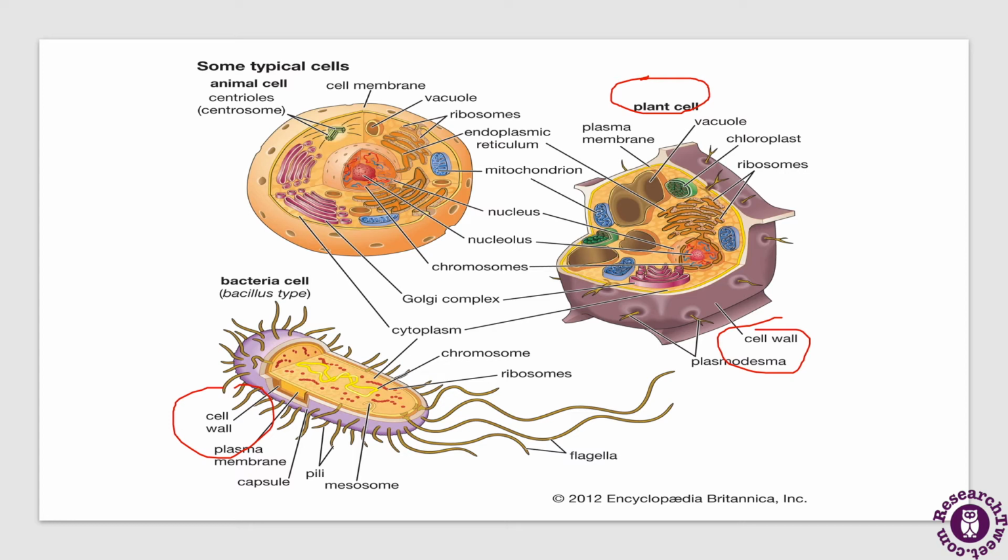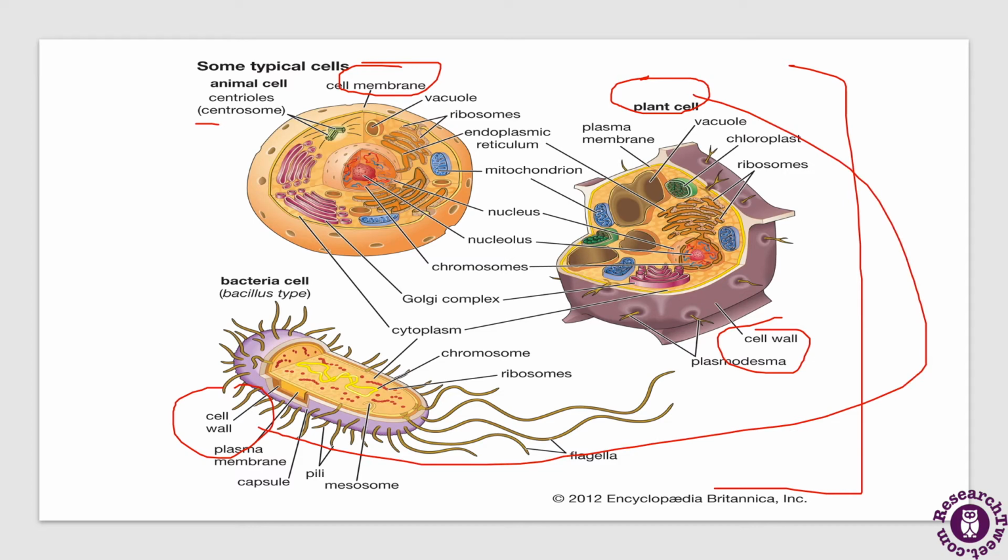This is an animal cell, or we can consider it a fungus also, in which the cell wall is not shown. The animal cells do not have a cell wall, which is why we are representing it without the cell wall. They have the cell membrane present in them. The plant cells and the bacterial cells both have the cell wall.